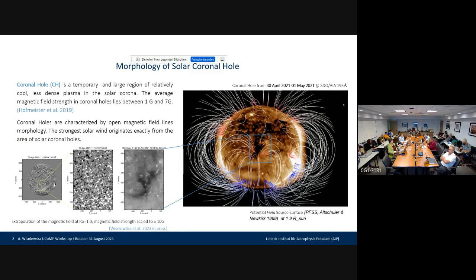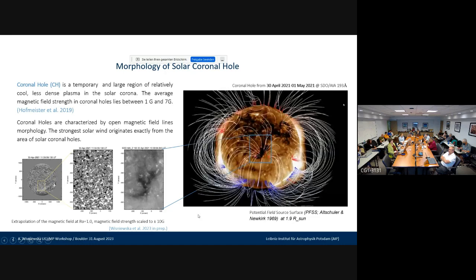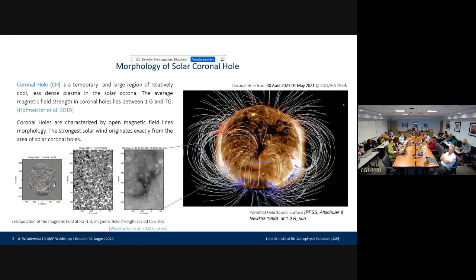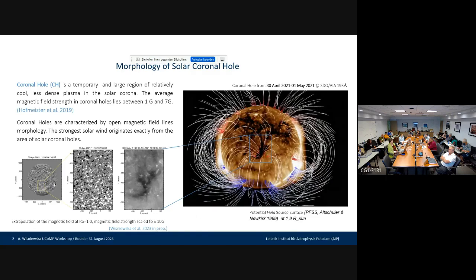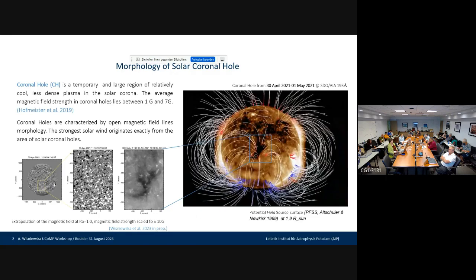What is most important is that those features are characterized by open magnetic field lines, and that the strongest solar wind originates exactly from the area of coronal holes, which is kind of interesting.